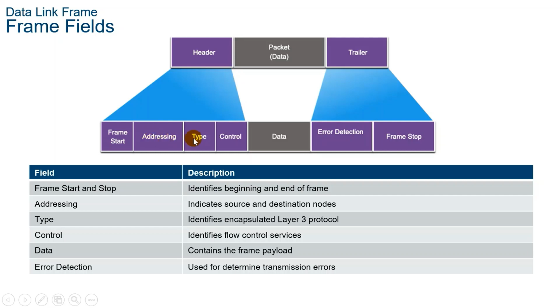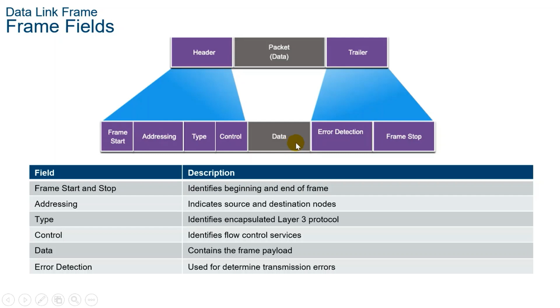The type identifies the layer 3 protocol in the data field. Control identifies special flow control services such as quality of service. QoS gives forwarding priority to certain types of messages, for example, voice over IP. These frames normally receive priority because they are sensitive to delay.